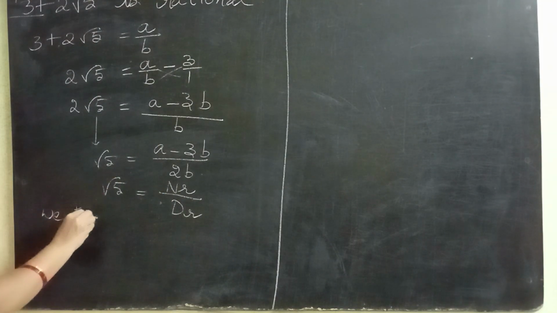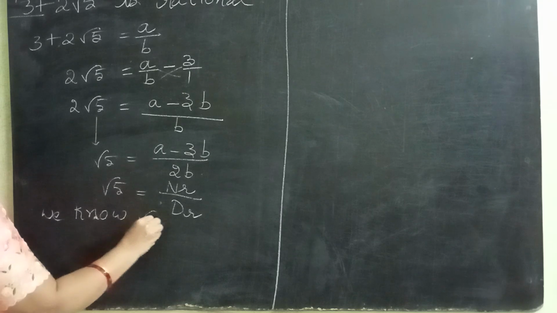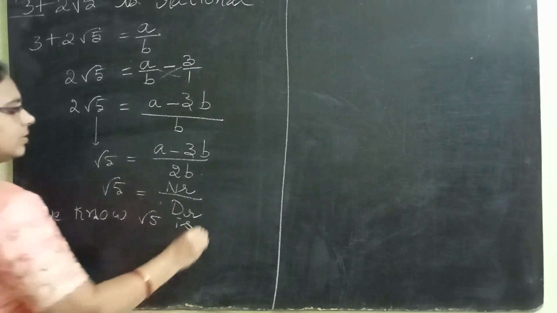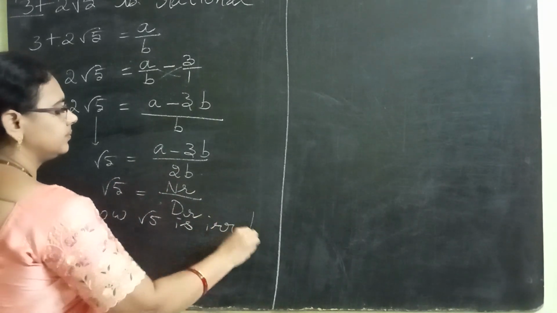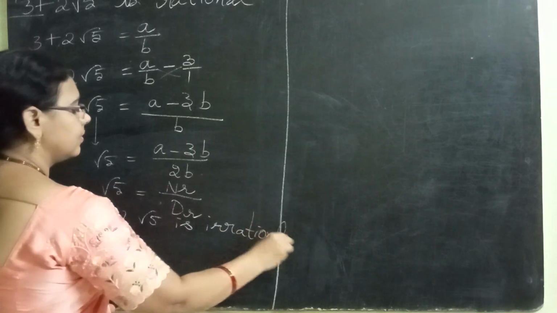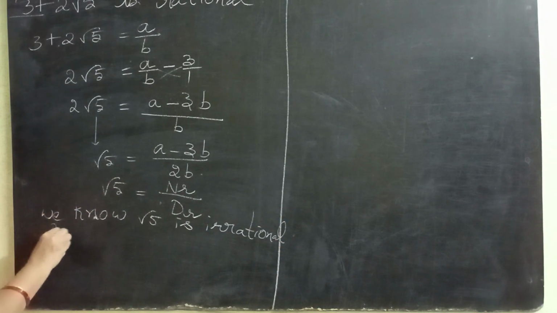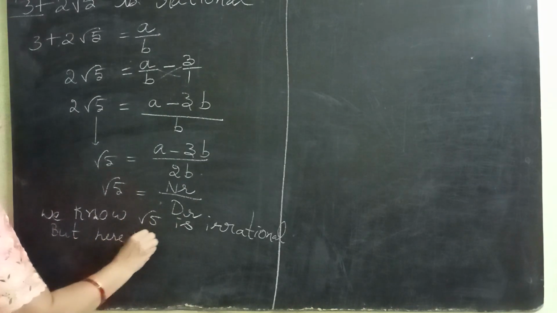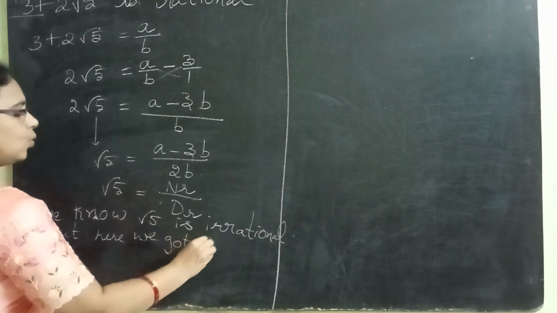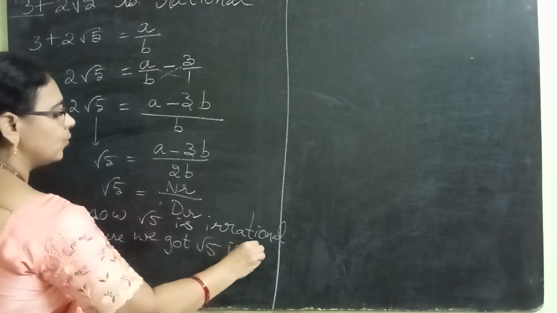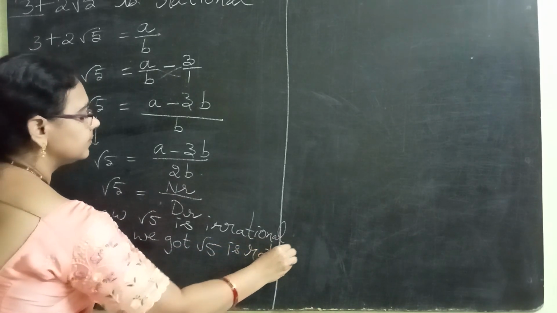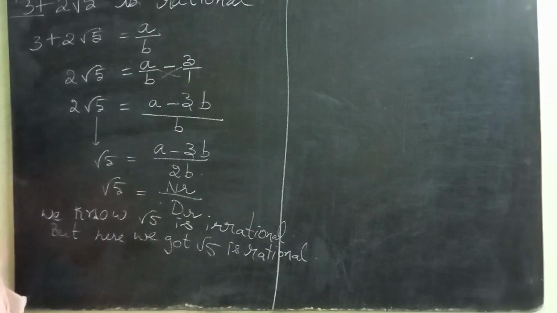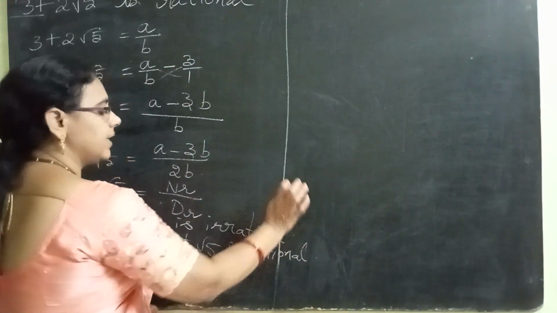We know root 5 is irrational, but here we got root 5 is rational, which contradicts our assumption.